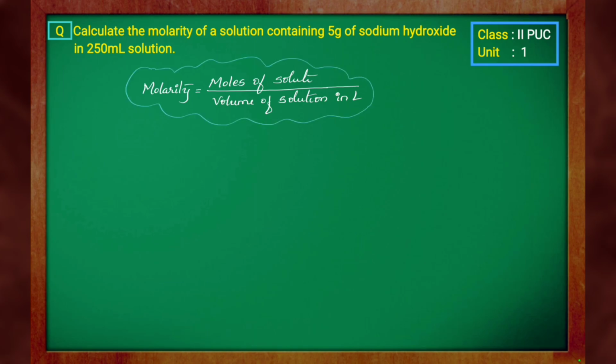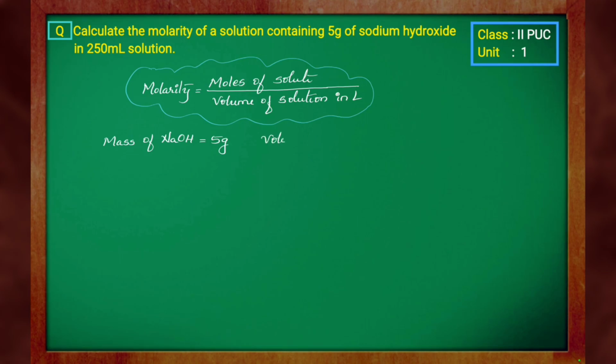Let us write what are the things that are given in the question. So they have given us mass of NaOH as 5 gram. Also we have 250 ml solution.